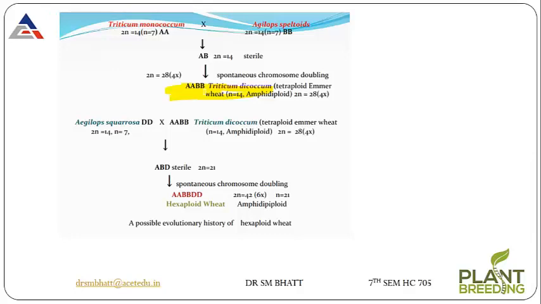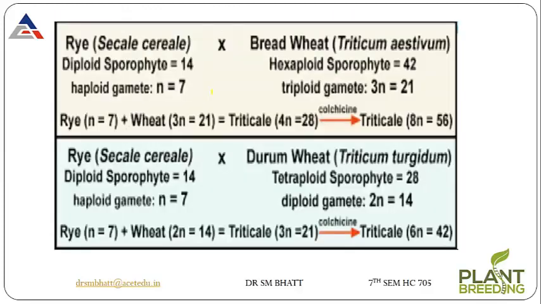And if you cross this AABB variety with the DD variety of Aegilops squarrosa, then this again is sterile. Then again you make the hexaploid, AABBDD. Now this is fertile.